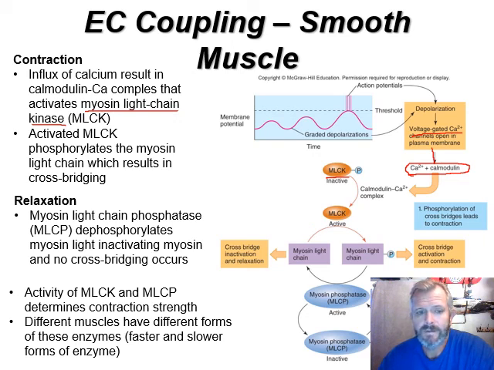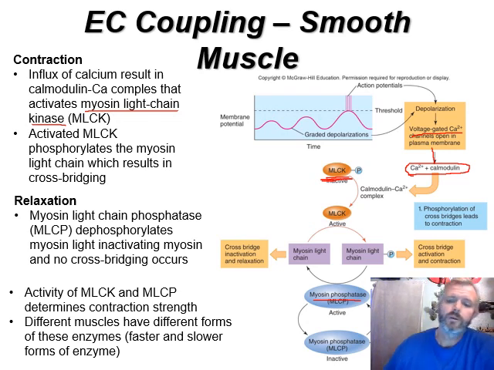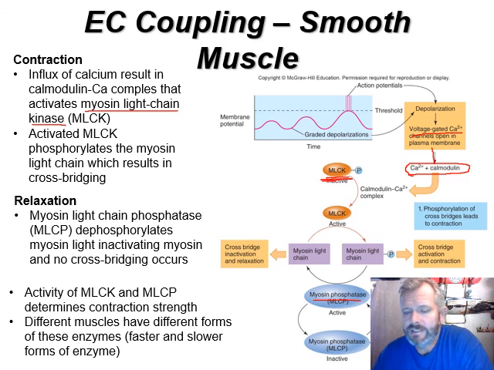We have another enzyme, myosin phosphatase, or myosin light chain phosphatase. So the kinase is going to add a phosphate to the myosin light chain, and the phosphatase is going to remove the phosphate. So what gets activated by this calcium-calmodulin complex? Remember that.